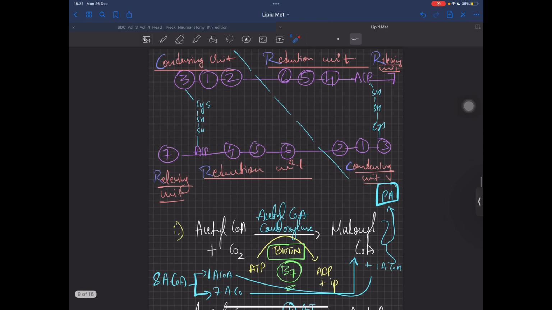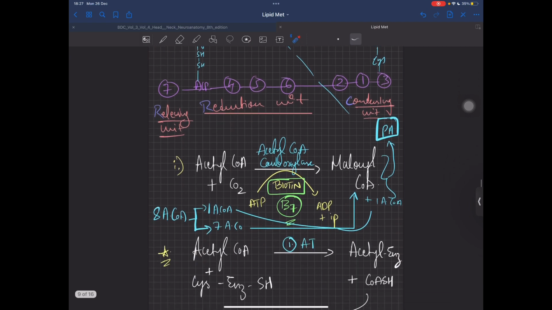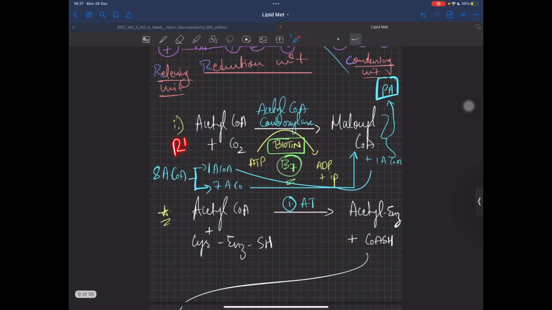We'll move to the steps of the reaction. The first one is the rate limiting step, that is acetyl CoA along with carbon dioxide in the presence of acetyl CoA carboxylase forms malonyl CoA.